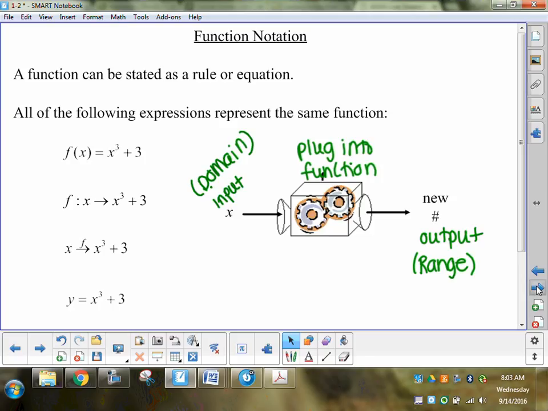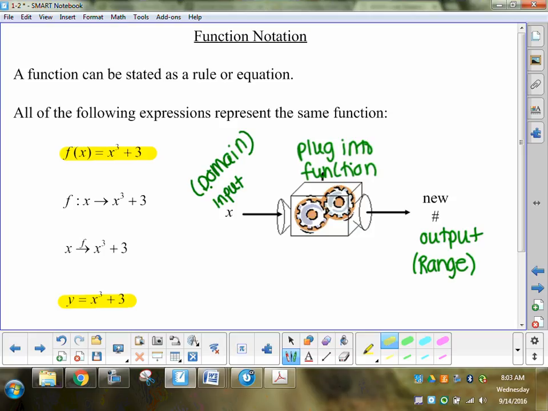This tells you what the function name is. That's the input. So the function of the input is equal to the input cubed plus 3. All of these mean the same thing. The ones that you all are going to see standardized are these two here. However, they are all viable in the same equation.